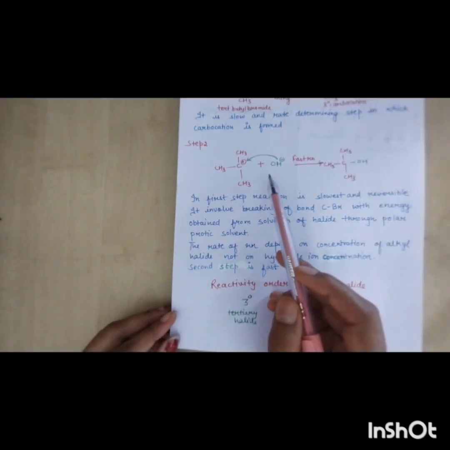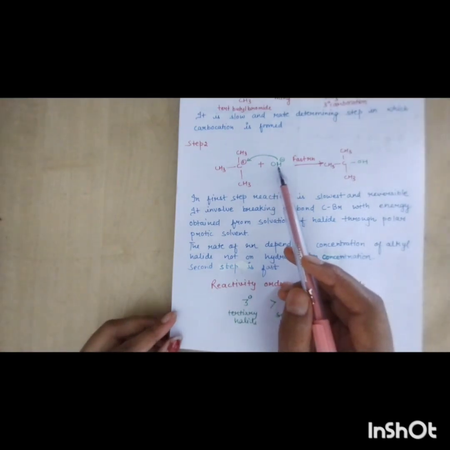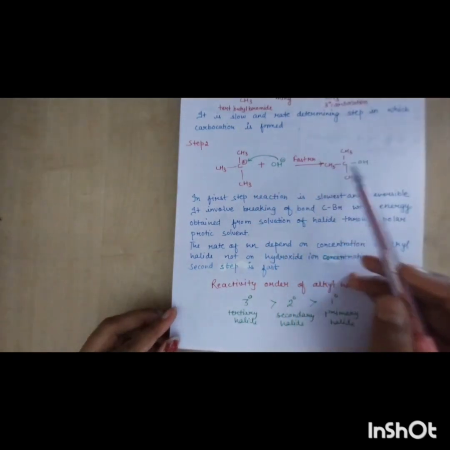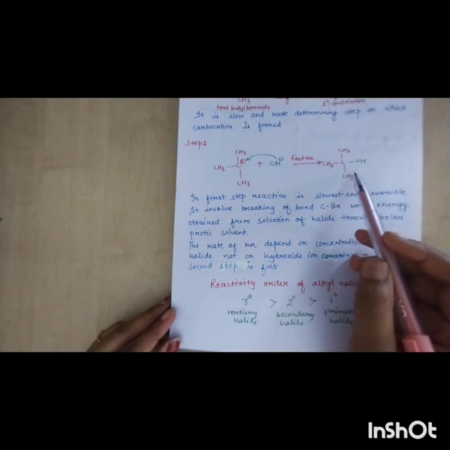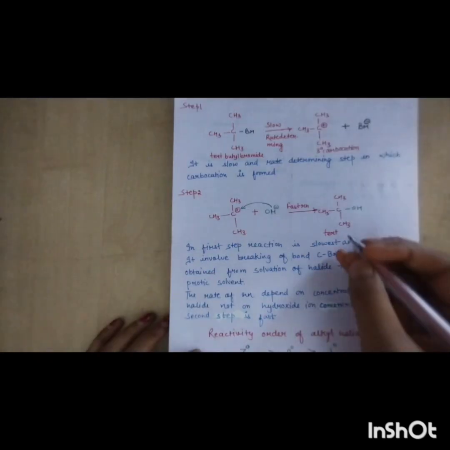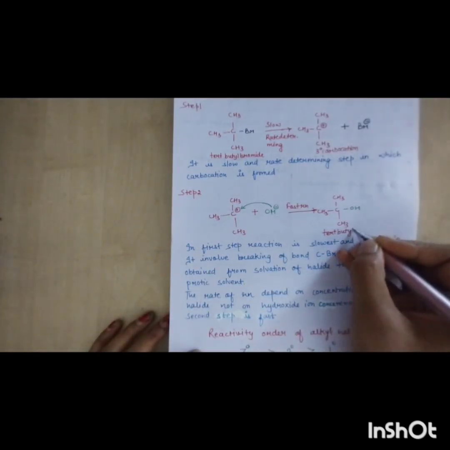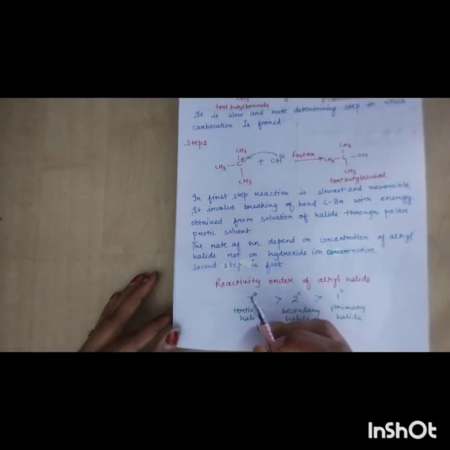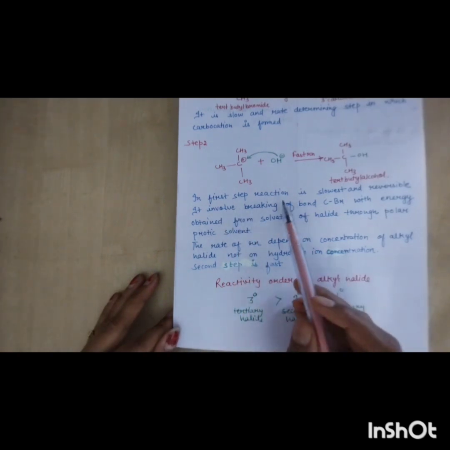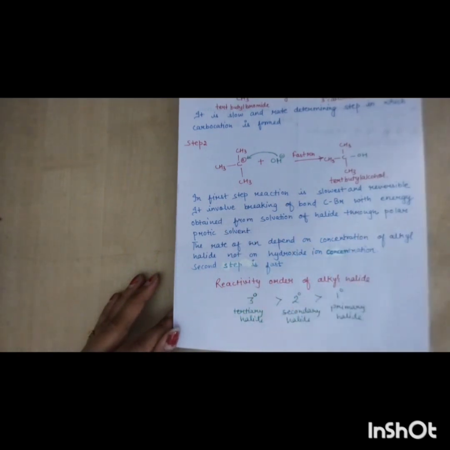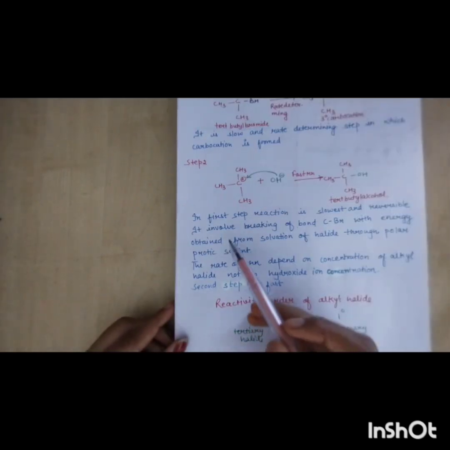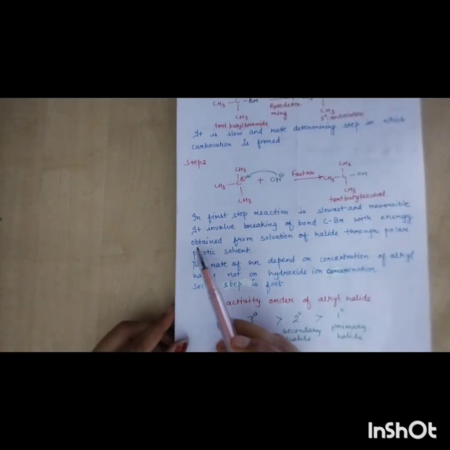Now the next step is that the nucleophile OH reacts with the carbocation to form tertiary butyl alcohol. Here, as you can see, the first step is slowest and the second step is fast. The first step is slowest and reversible in nature.